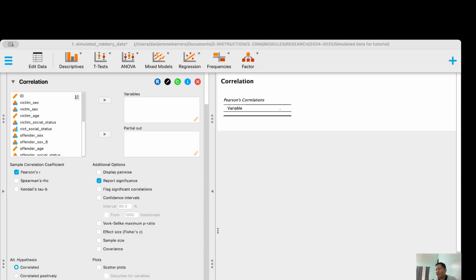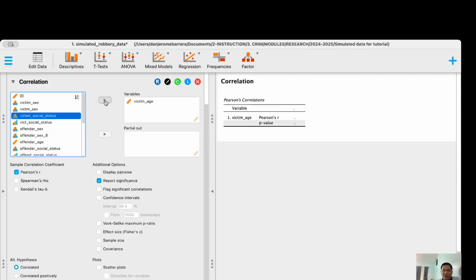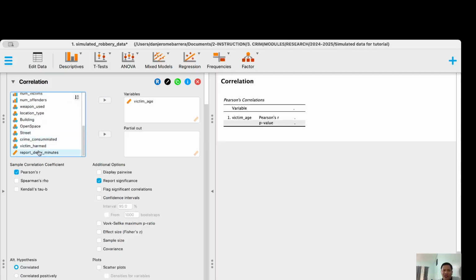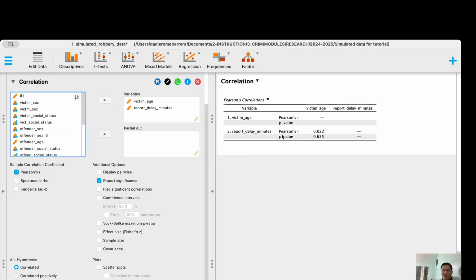So basically we are trying to determine whether there is a relationship between the age of the victim and the reporting delays for robbery incidents. So let's start. Victim's age, place it in the variables window, and reporting delays, place it in the variables window.